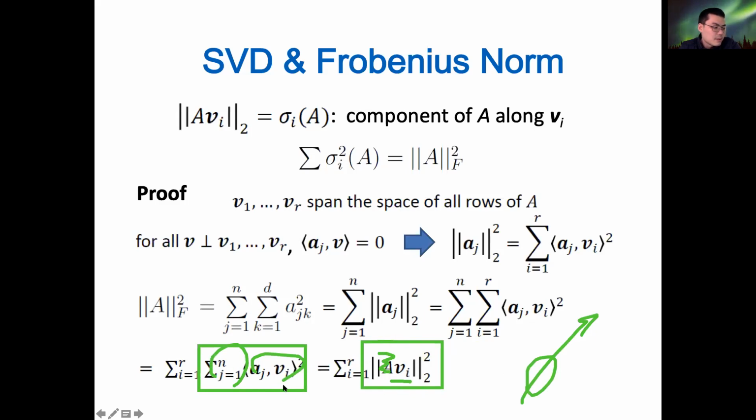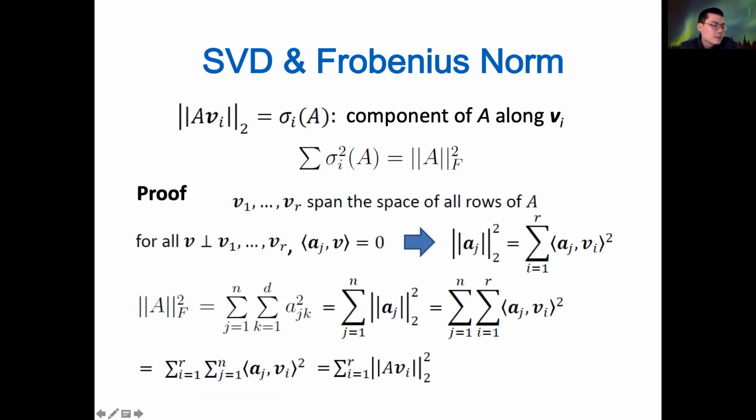That's this. So these two are equal. I hope you can see this now. And if you remember our definition, we defined this thing to be sigma_i. This is our definition. So basically we can prove the conclusion. Any questions about this property?